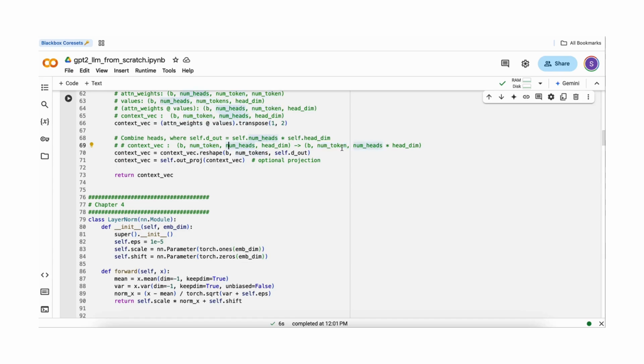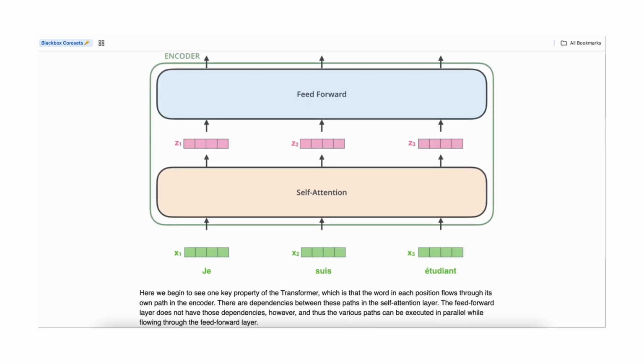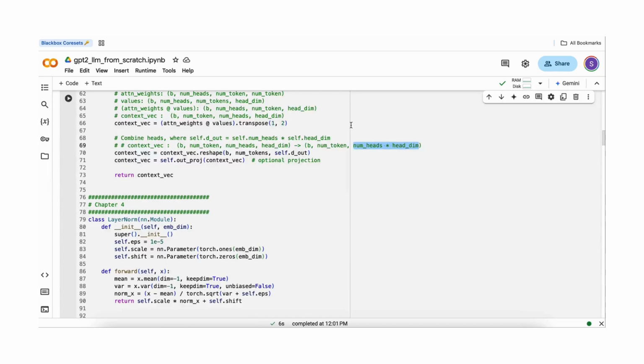And then we multiply by the number of heads and the head dimension. The head dimension is this one, for example 4 here. And we'll have not just 4, but 4 multiplied by however many heads we have, because each head produces a vector for each token. And that is the multiplication here. So that totally makes sense. And we end up with this context vector, which we resize to number of tokens by self.dout.